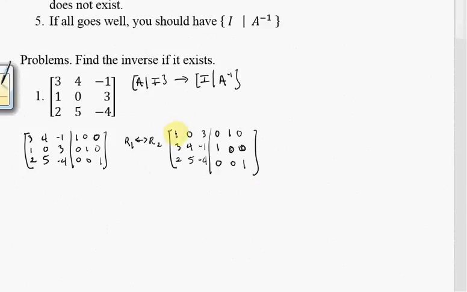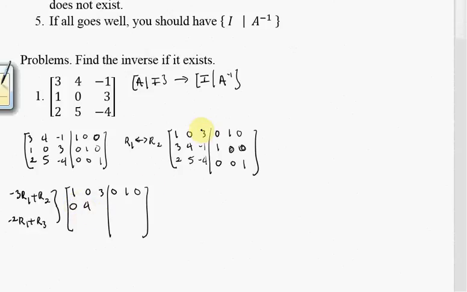Now after that, we're going to take this leading 1 to get zeros below it. So we'll say negative 3 times row 1 plus row 2, and then negative 2 times row 1 plus row 3. Row 1 stays the same. So it gives us a 0, 4, negative 9, minus 1 is negative 10.